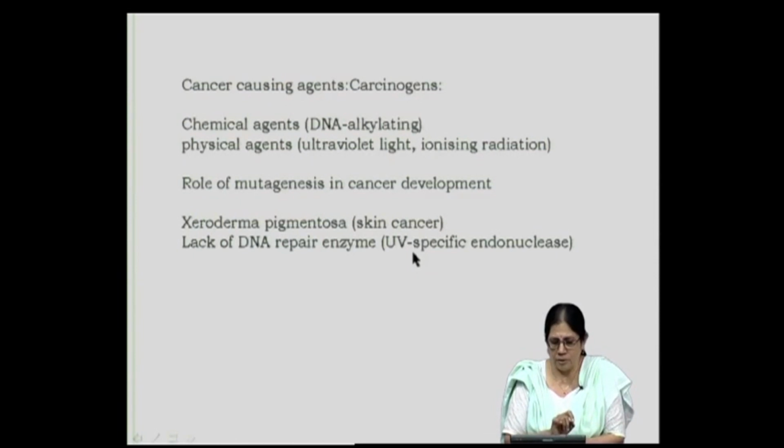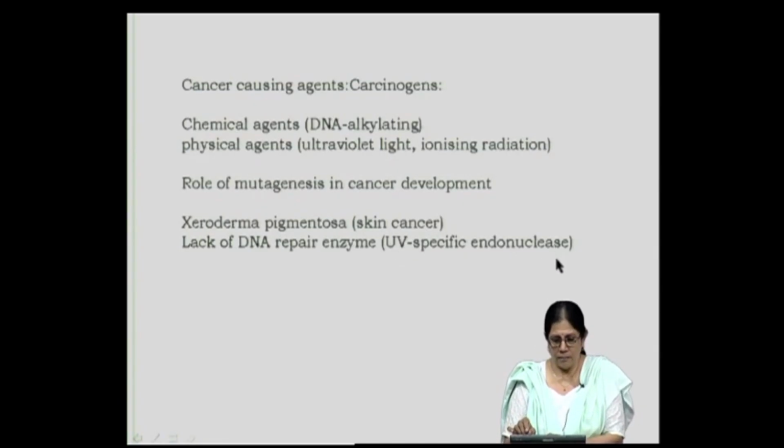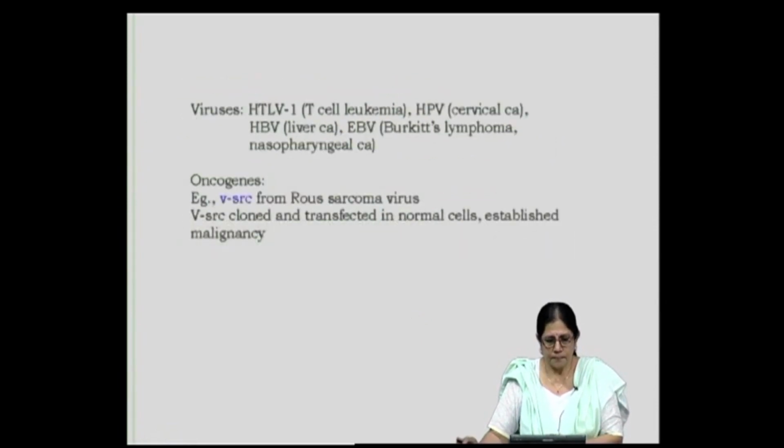Individuals who lack these repair enzymes, especially the UV specific endonuclease, when exposed to UV, in fact just being in the sun for a long period of time, develop skin cancer. So, this is direct evidence of mutation and cancer.